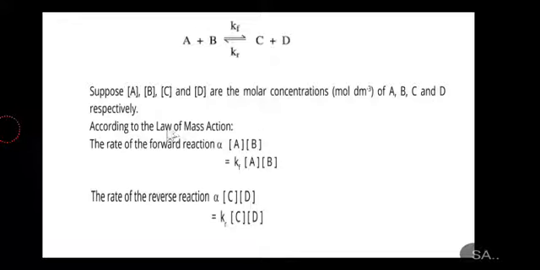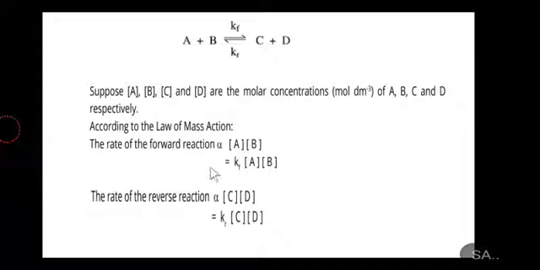According to the law of mass action, the rate of forward reaction is directly proportional to the molar concentration of A multiplied by the molar concentration of B. So it is the product of molar concentrations of A and B, and both of them are reactants. If you want to replace this proportionality sign, you replace it with the rate constant.